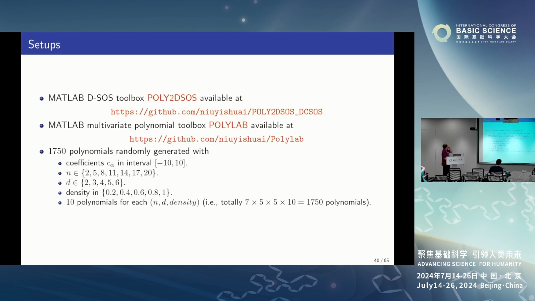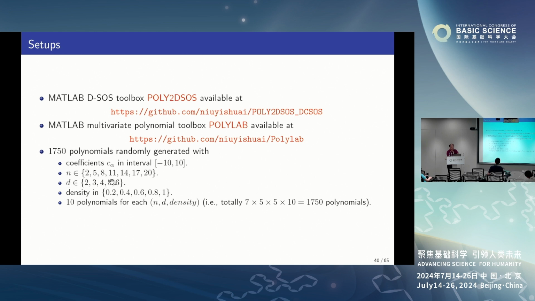Here are numerical experiment results for different sums of squares without convexity. There are two boxes: one box for decomposition, another for polynomial modeling, and for both of them we have provided open source. Here we test a set of 1,750 polynomials generated with coefficients in this interval, and the number of variables from very small cases, 2 variables, up to 20, because most applications have up to 20 variables, and the degree up to 6.